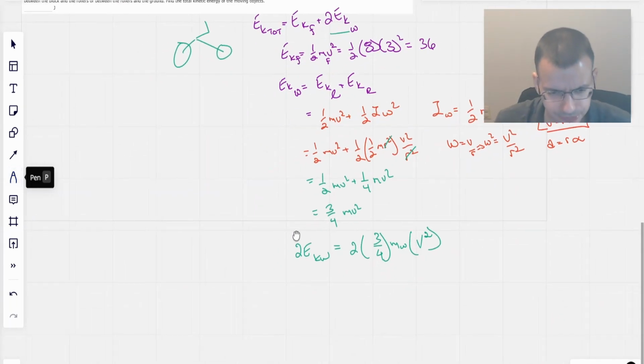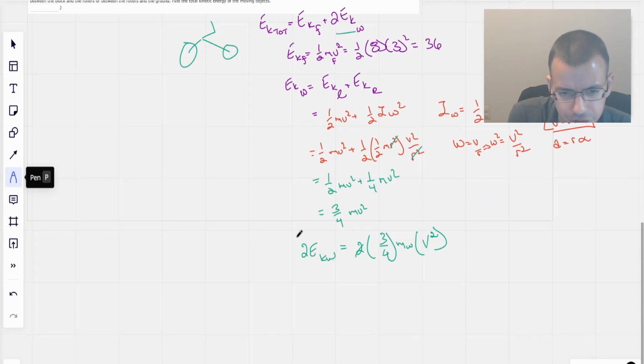Yeah, I'm good with that. And so the 2 and the 3 becomes 6. That becomes 3/2 mass wheel velocity squared, energy, which I can totally just get an answer to right now.